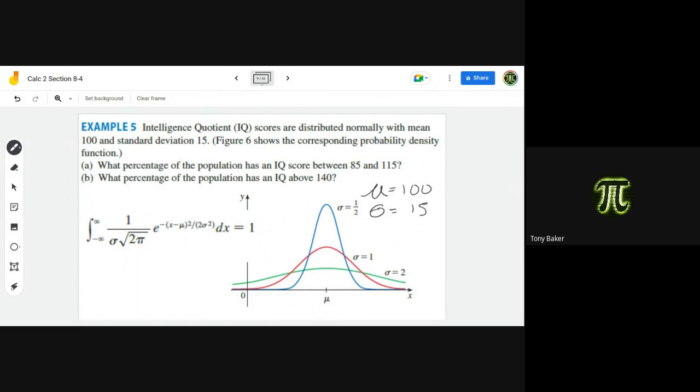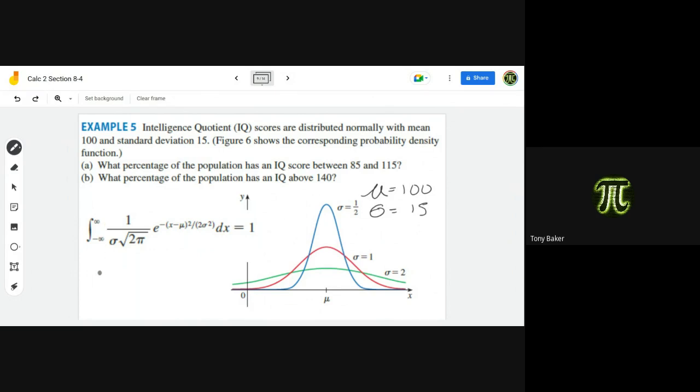They're Greek letters. It looks like a U, it's not. It's mu.